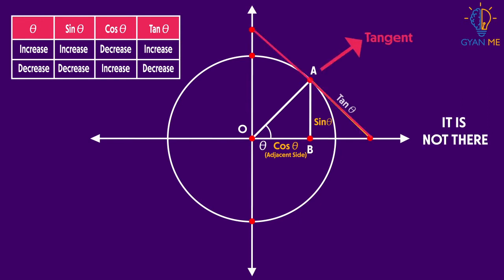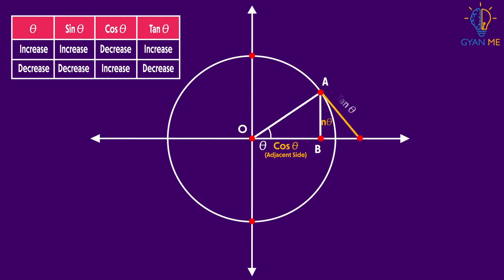Yes, if you see carefully, this portion of the tangent, which is tan theta, is decreasing slowly as we decrease the angle, just like sin theta did. So when we reduce this theta to 0, this point A also moves but on the circle, and this length reduces gradually. And finally, when the angle is 0, it is gone.